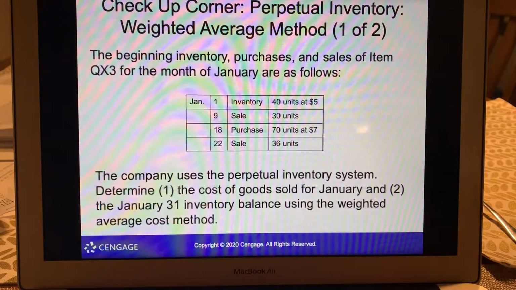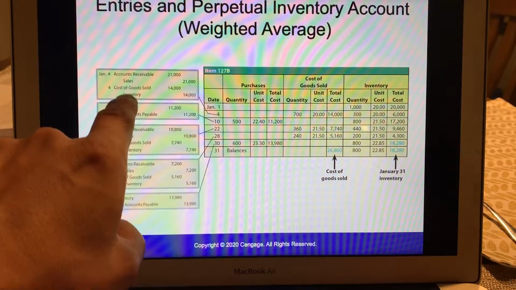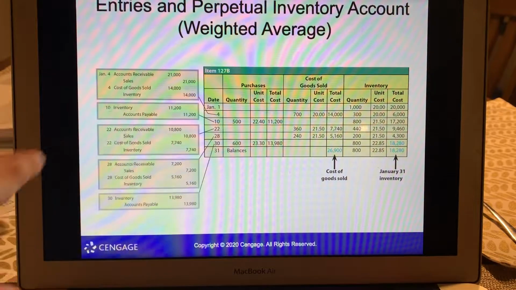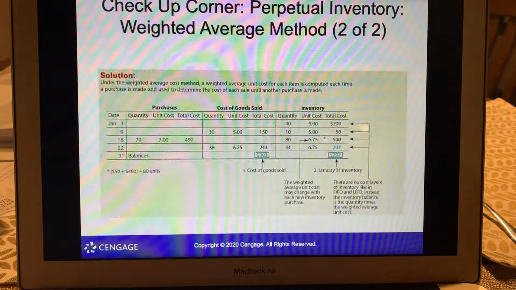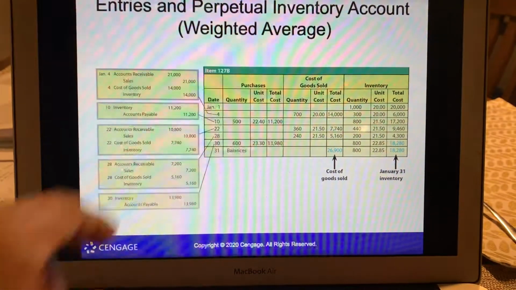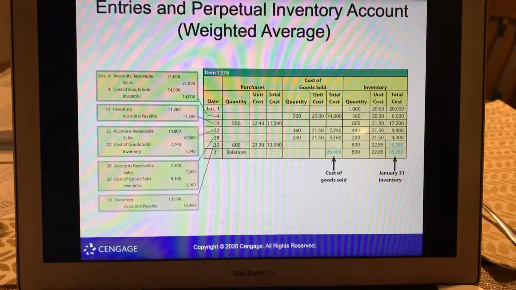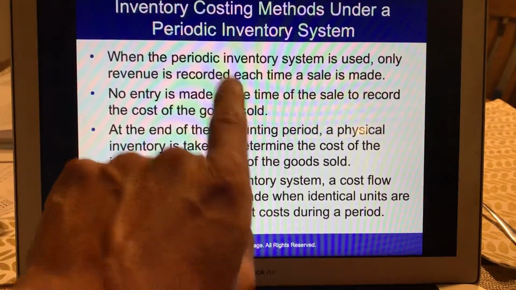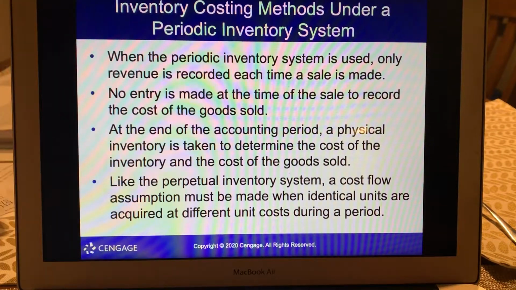These other ones on here, look at this, the cost of goods sold is done whenever it happens, okay? So keep that in mind. Keep in mind, this is perpetual. Notice that's perpetual. That means that it's ongoing. So now we're taking a look at the other side, which is the periodic, and that's when it's done at the very end, like I was saying earlier.